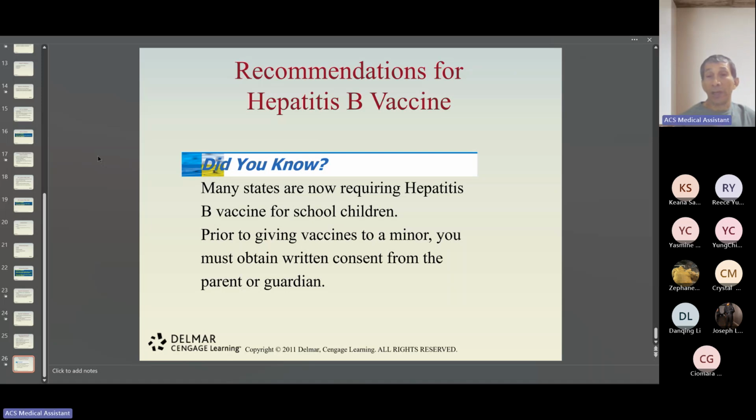Nobody should draw blood from you without your permission, without your consent, for HIV either. So again, there are certain protocols that need to be followed. You don't need to disclose whether you have HIV or hepatitis B to your employer.